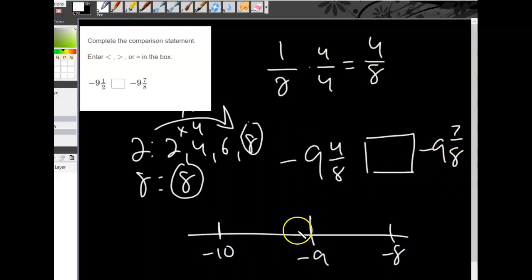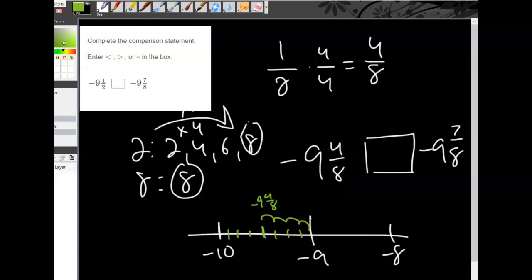Let me try chopping this up into 8s. 1, 2, 3, 4, 5/8, 6/8, 7/8, and then 8/8. Okay, so -9 and 4/8. I'm going to start at -9 and go over 4/8. 1, 2, 3, 4. That's where -9 and 4/8 is going to be. It's the same as -9.5.